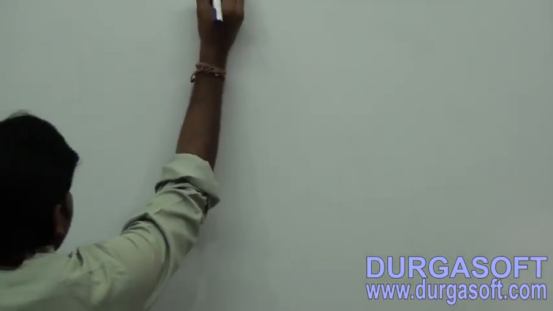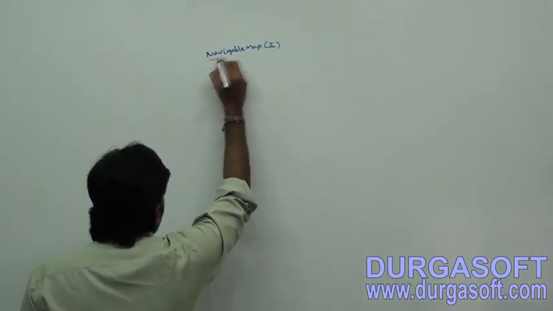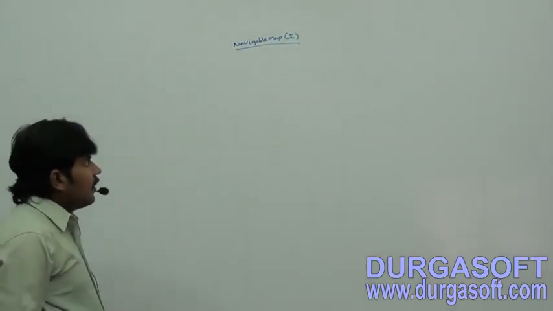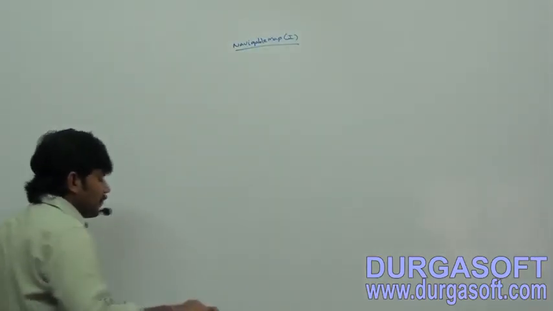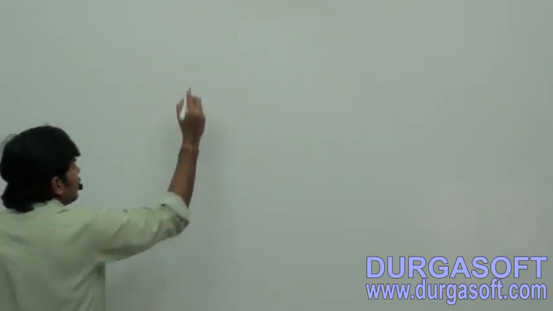Next one. Keep subheading: Navigable map, second part. Sir, can you tell navigable map is the child interface of? Navigable map is the child interface of sorted map. Same terminology here.